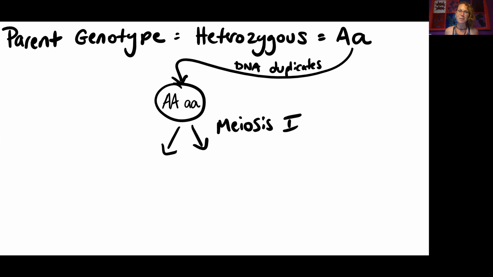So I'm representing here my sister chromatids. I'm just really simplifying the image. And then we're going to represent meiosis 1 occurring. So meiosis 1 is we're going to see the separation of homologous chromosomes. So we're going to get 2 cells at the end of this. One cell is going to have the capital A set of chromatids, and the other cell will have the lowercase a set of chromatids.